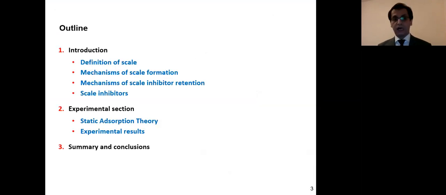First of all, I'll go through the definition of scales, mechanisms of scale formation, mechanism of scale inhibitor retention, and scale inhibitors. The experimental section includes static adsorption theory and experimental results, and the presentation comes to an end with summary and conclusions.